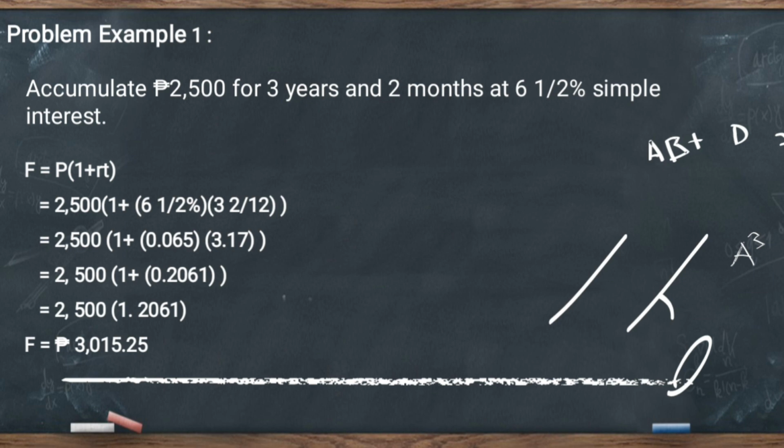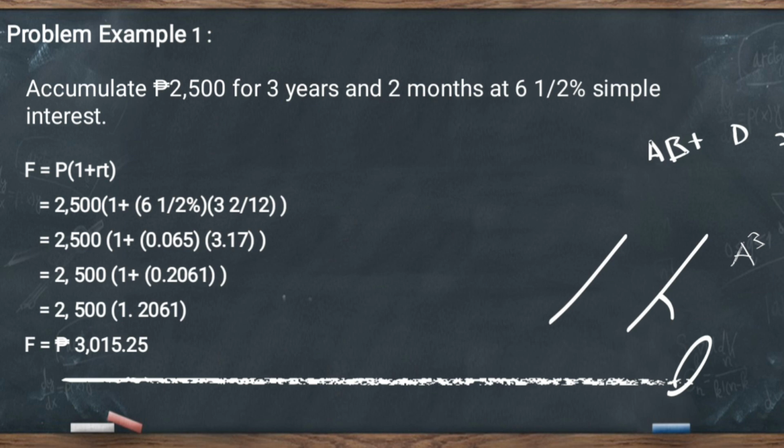Accumulate 2,500 for 3 years and 2 months at 6.5% simple interest. From our keyword accumulate, we are going to use the formula of accumulation, which is F is equals to P multiplied by 1 plus rate and time. Let us then substitute the values.